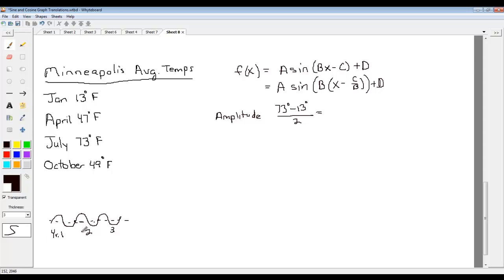That's the distance between max and min, and halfway between is going to tell you your amplitude. So you get 60 degrees over 2, or 30 degrees. So A is going to be 30. So you get f of x equals 30 sine. Okay, so we still have some more to fill out, but for now we've got that.